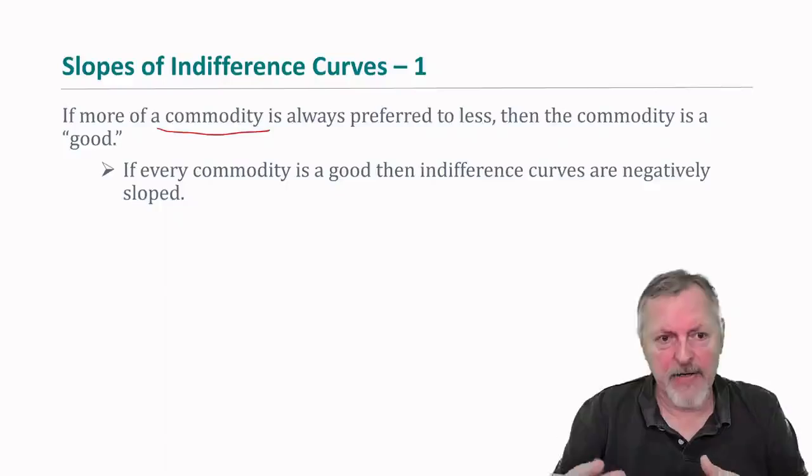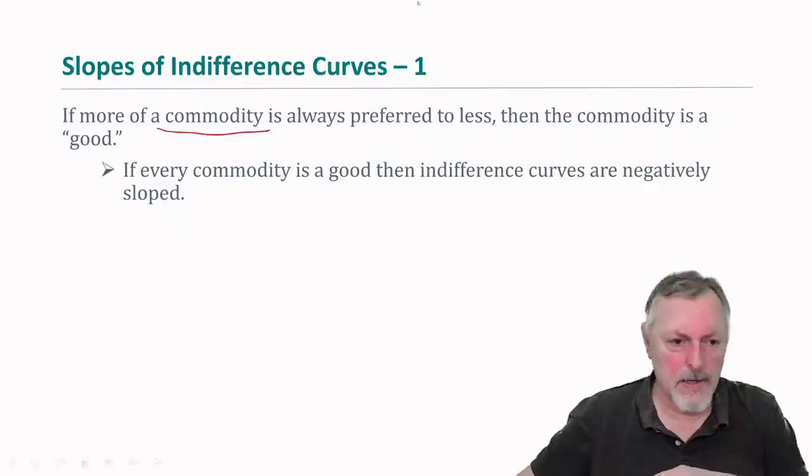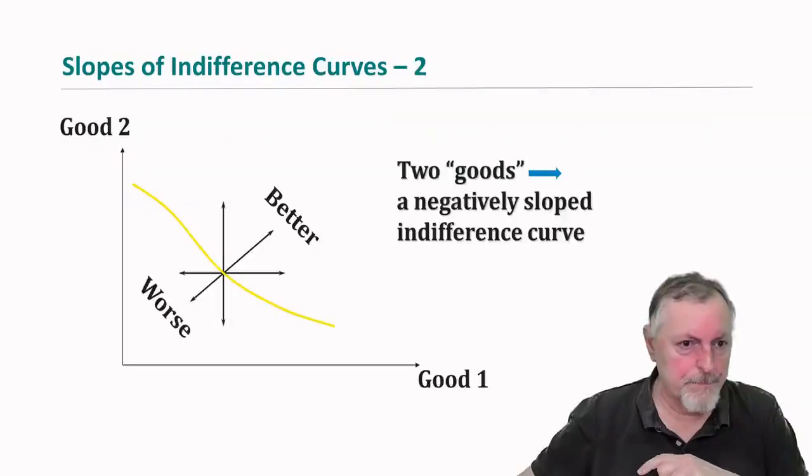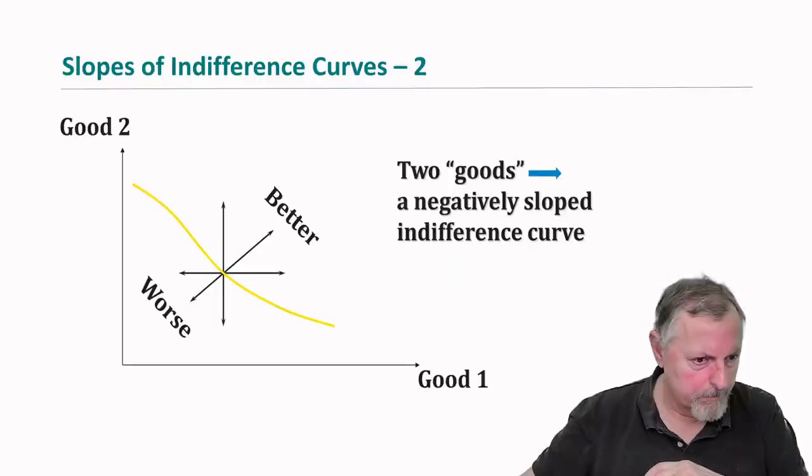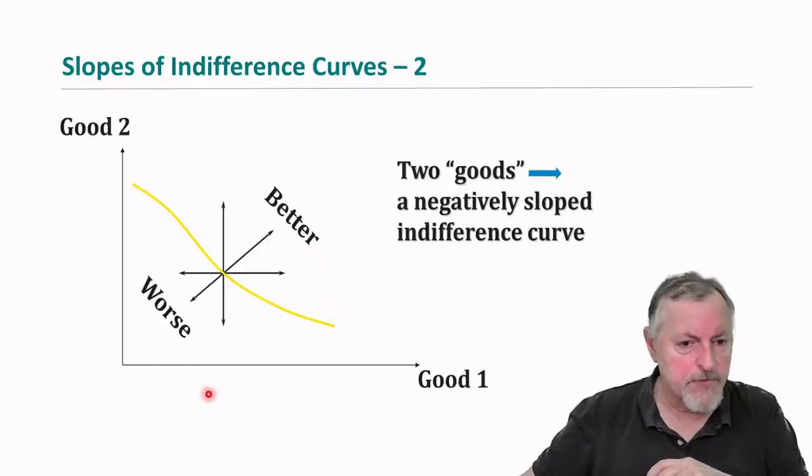If all commodities are goods, then indifference curves have to have a negative slope. For example, here. If this is the quantity of good 1, this is the quantity of good 2, you start out, let's just say there.